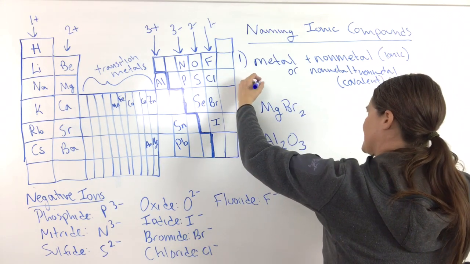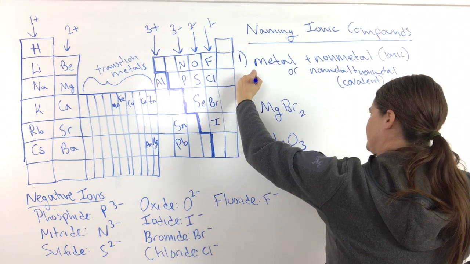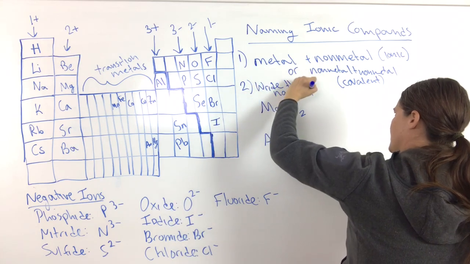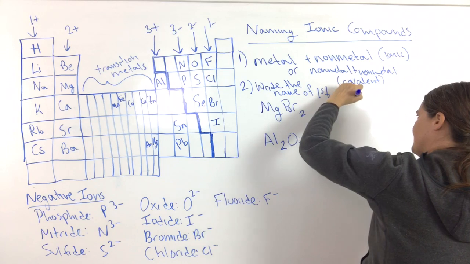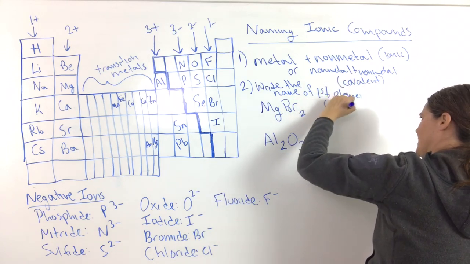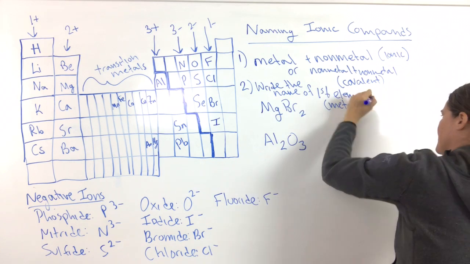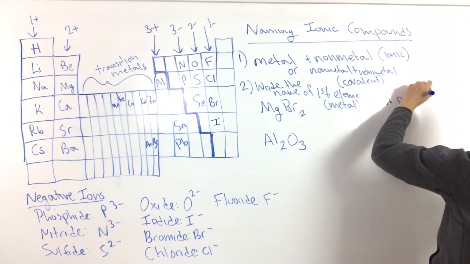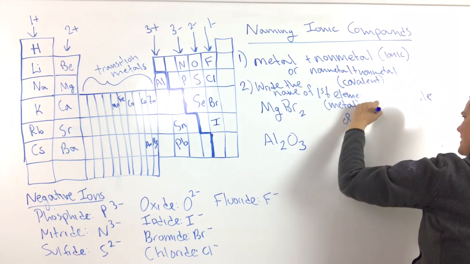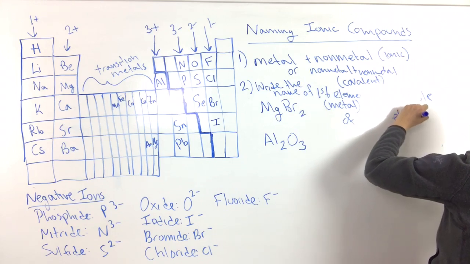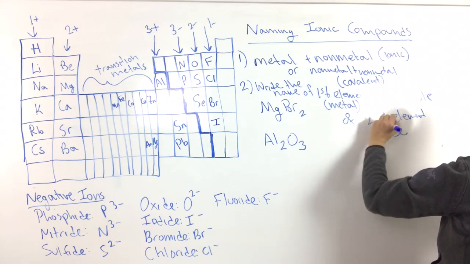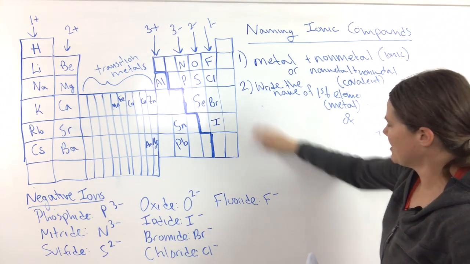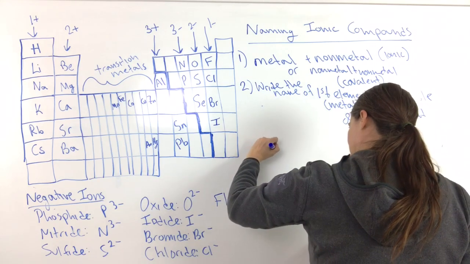And then the second step is to write the name of the first element, which is the metal, plus the first syllable of the second element plus IDE to its name. So I'm going to move these down.